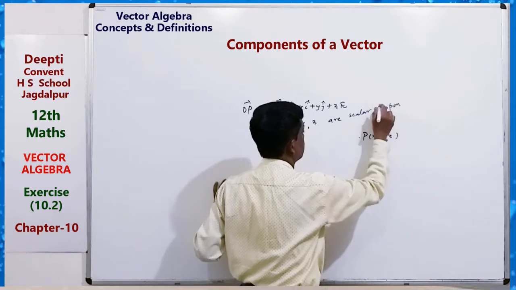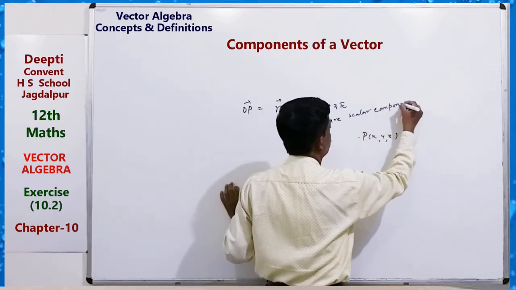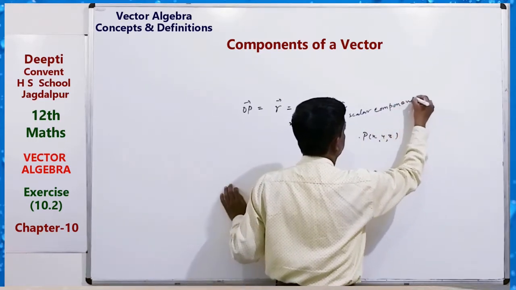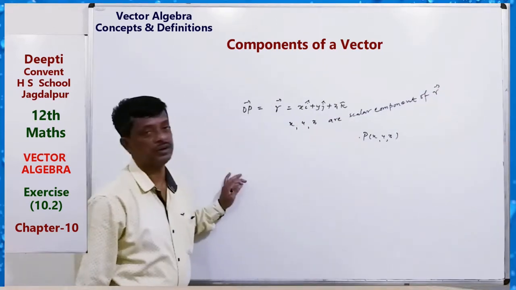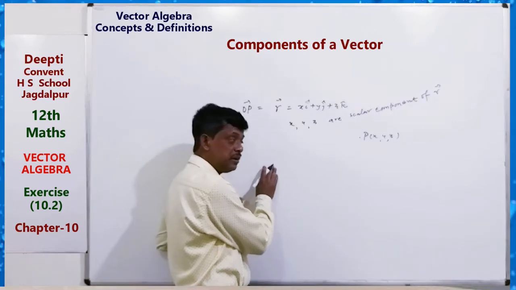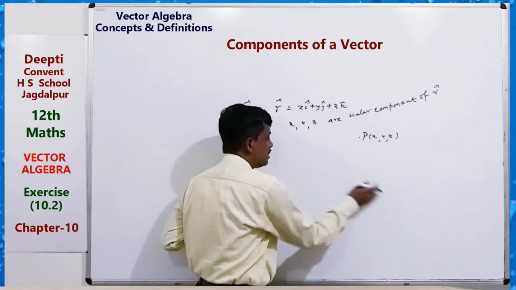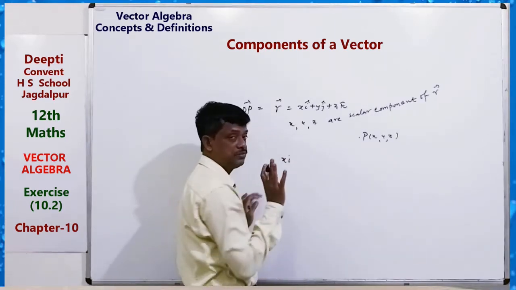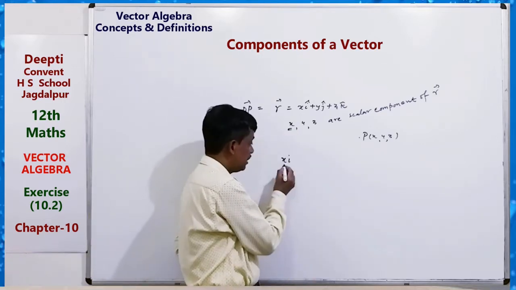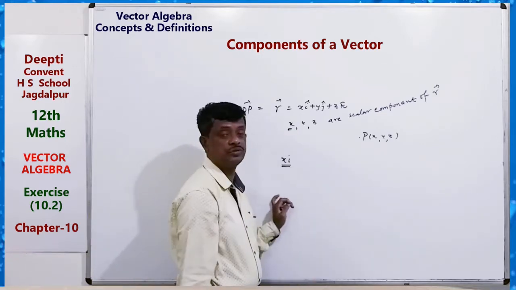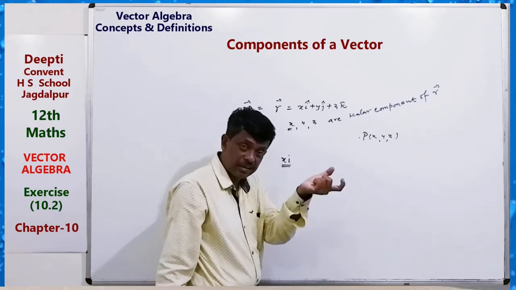These are scalar components. Scalar component of R. And vector component, we know in the x-axis direction, x into i. This is a vector quantity and this is a scalar quantity, scalar into vector, unit vector.